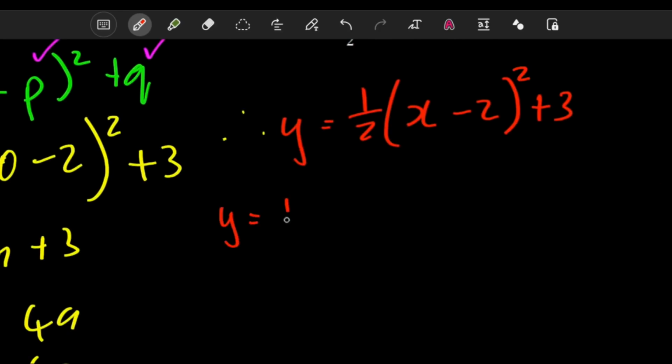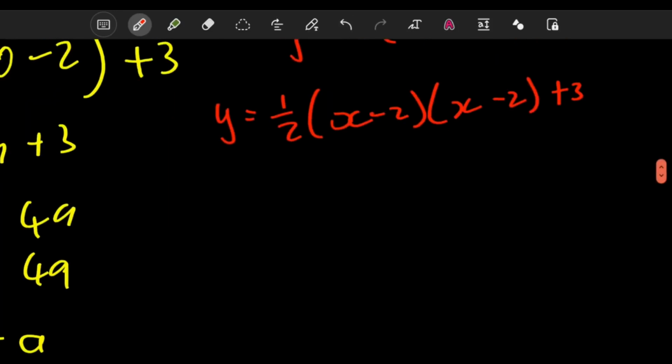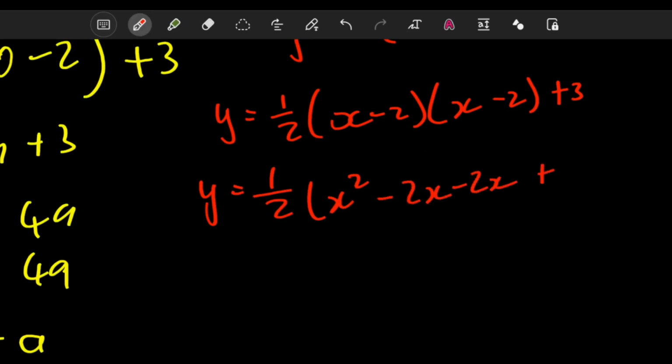Simplifying, you have 1 over 2, this is x minus 2, and then another x minus 2, and then plus 3. So y is equal to 1 over 2 times: x and x gives you x squared, this and that gives you negative 2x, and then positive 4.